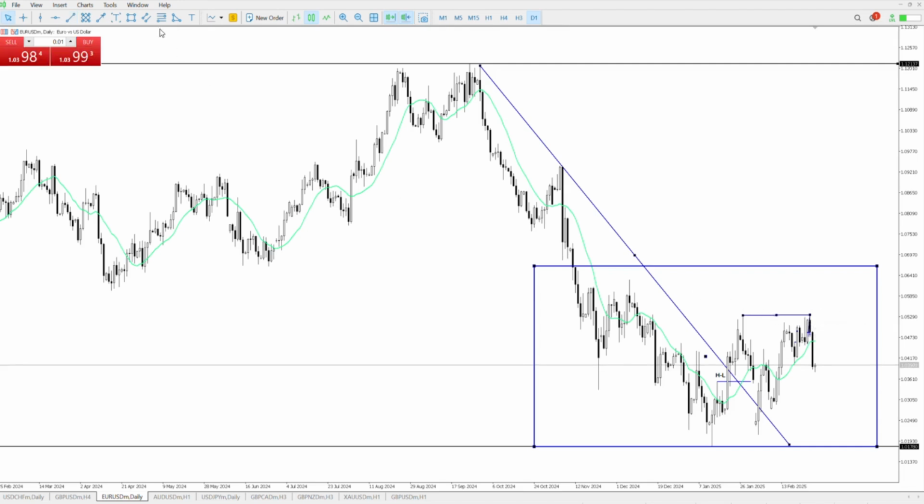So here we have a higher high that was formed, and we also have a higher low here.